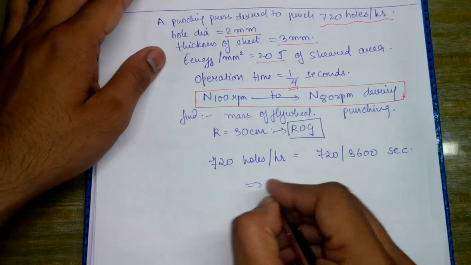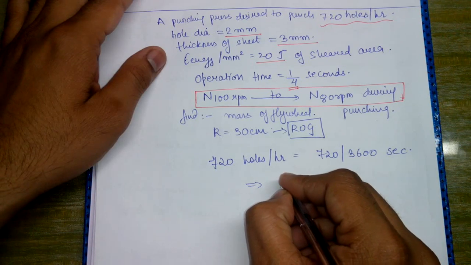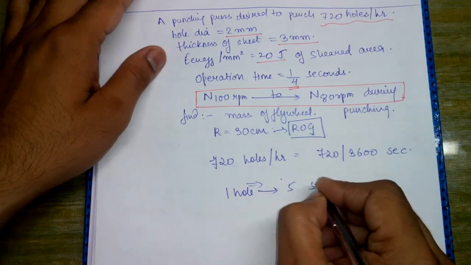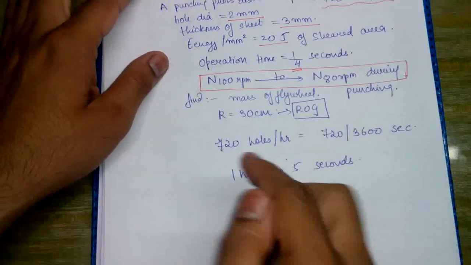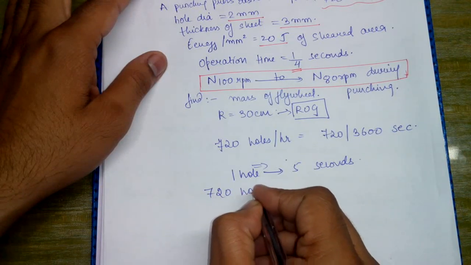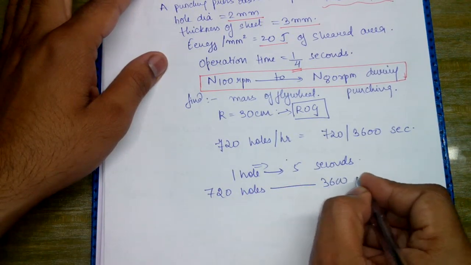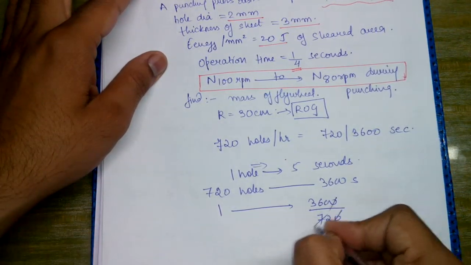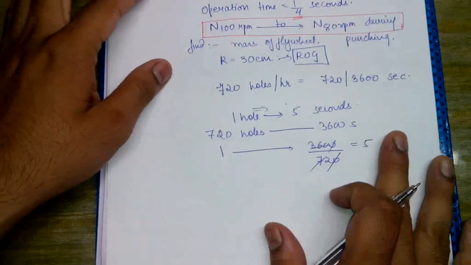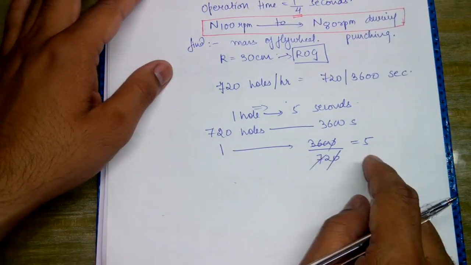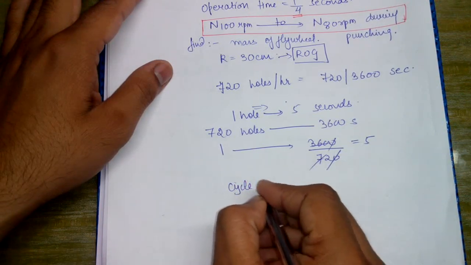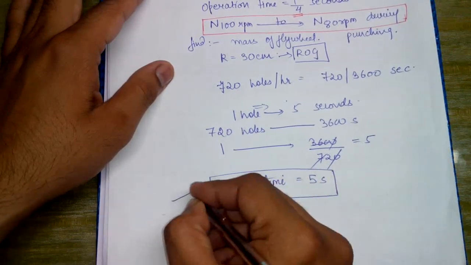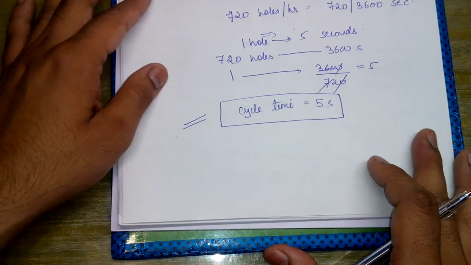So 1 hole would be 3600 upon 720, which comes out to be 5 seconds. So 1 hole is done in 5 seconds. That means the cycle time is equal to 5 seconds.